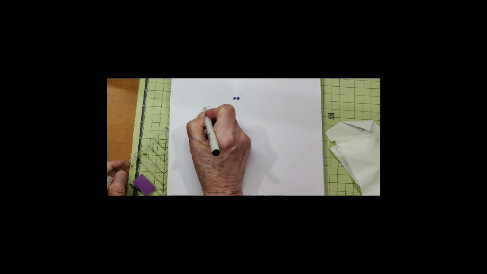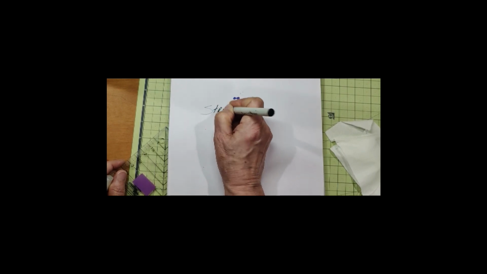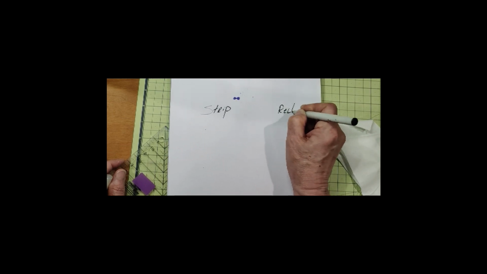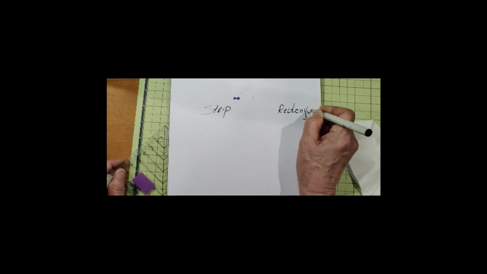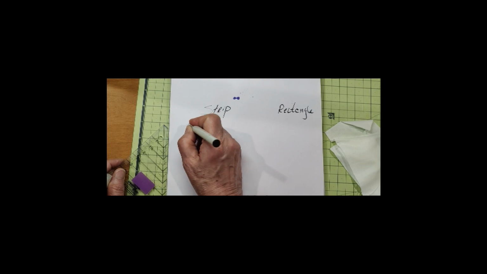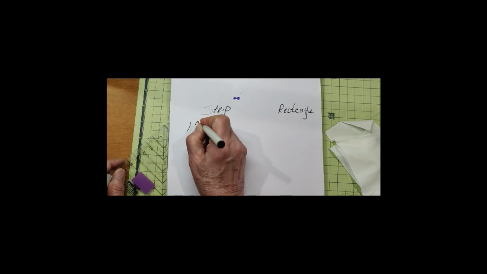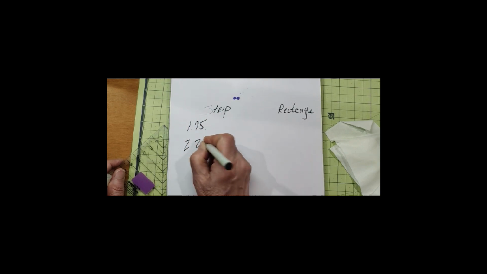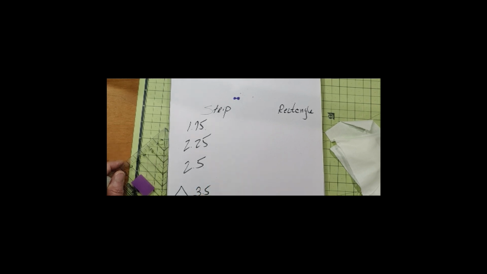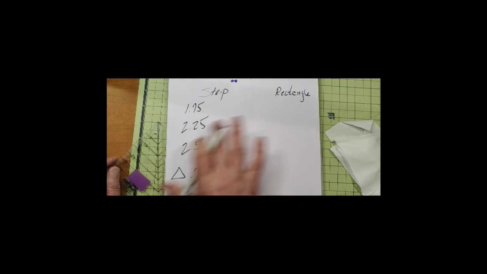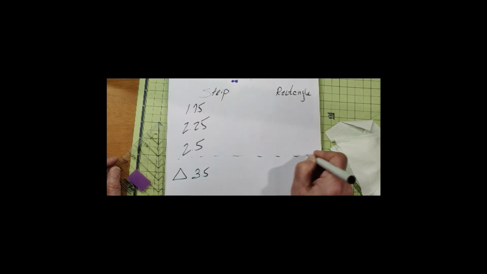So let's just do, we have our strip, and then we're going to cut it into a rectangle before we cut our HST. So we have 1.75, 2.25, 2.5. And then for my triangle, I need a 3.5-inch strip.